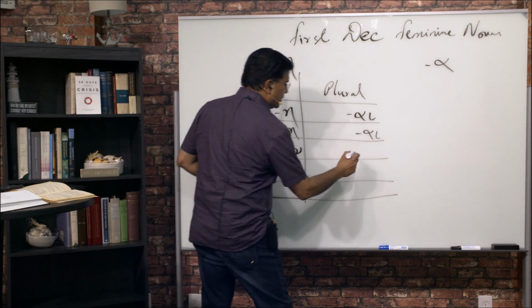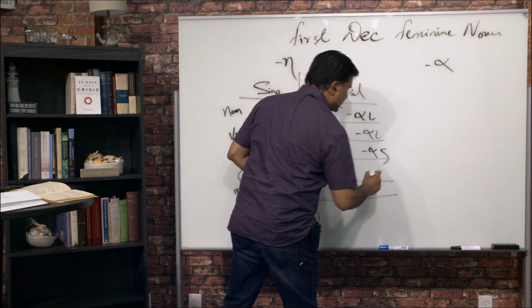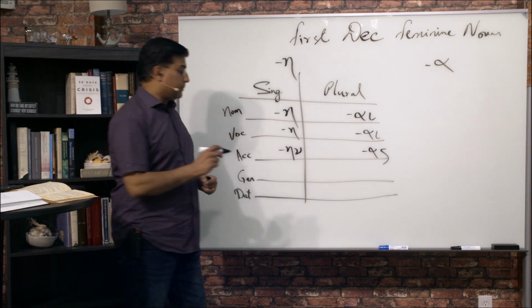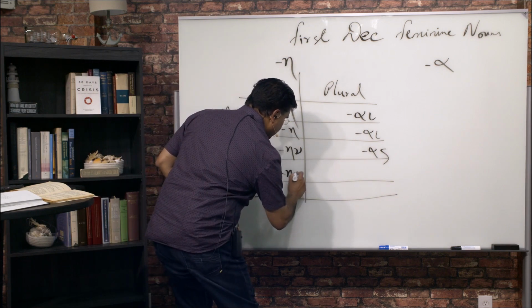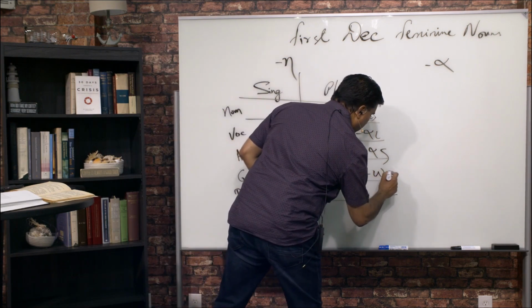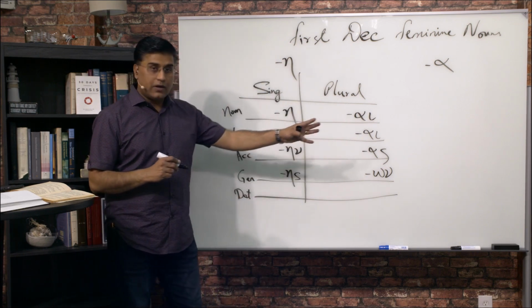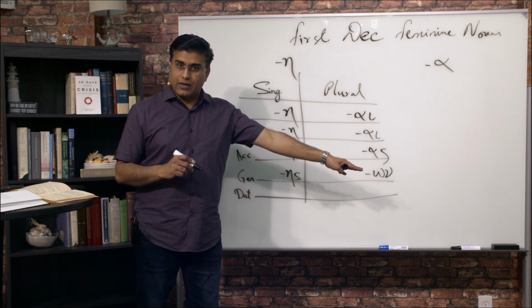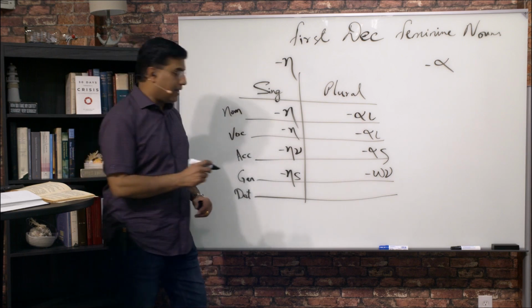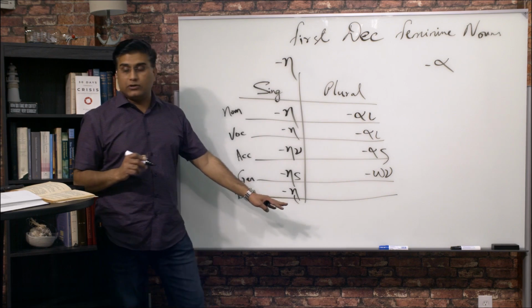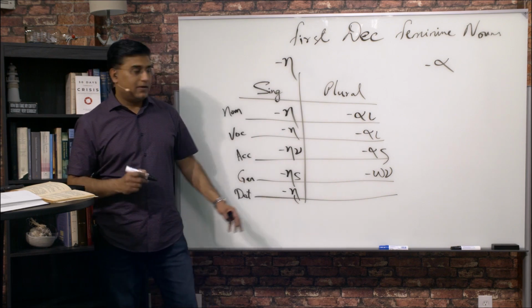Eta, as, that is the accusative. Es, on, genitive, singular and plural. And finally, eta with the iota subscript on the bottom, don't miss that.